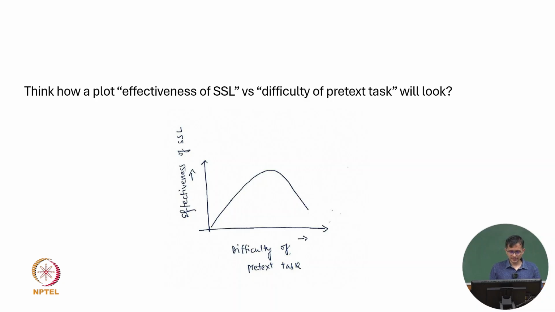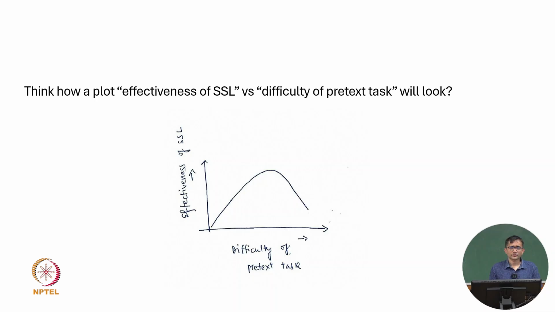So this is not an exact plot. If you actually do an experiment and create one plot, this may look slightly different, but this is, however, approximately how we expect these to look like.